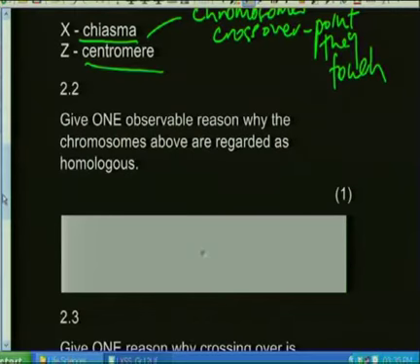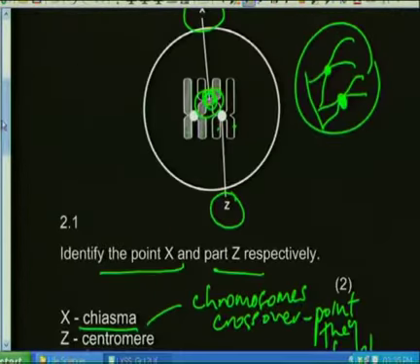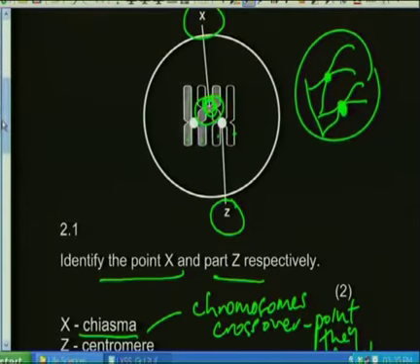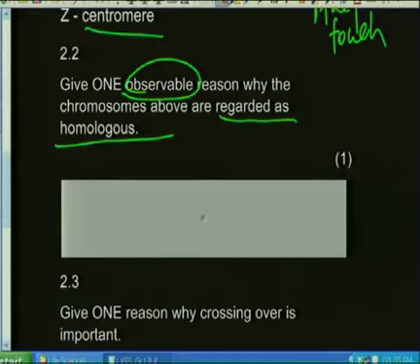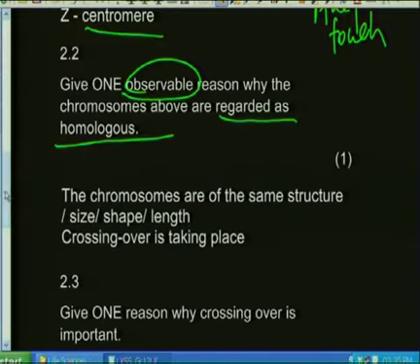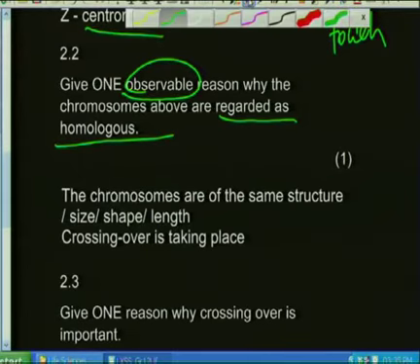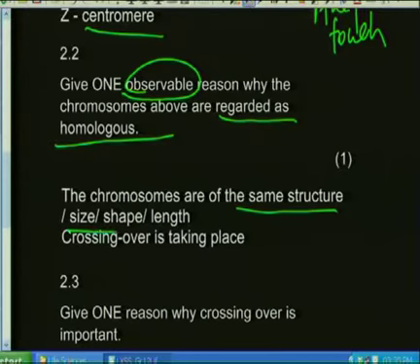Give one observable reason why the chromosomes above are regarded as homologous. Why are they called homologous? And they want to know, not from your knowledge, but from what you can see there, evidence from the diagram. And that would be that the chromosomes are of the same structure, size, shape, or length.